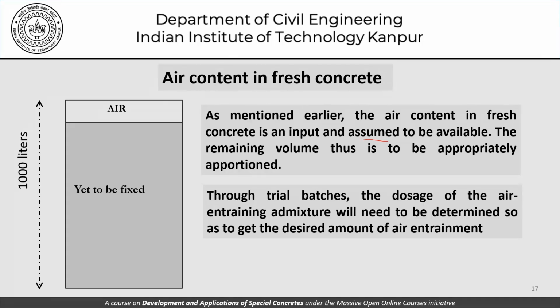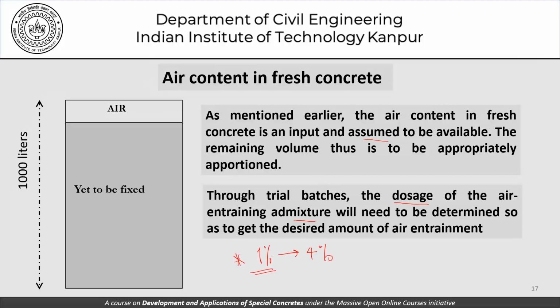Through trial batches, in case of air entrained concrete, the dosage of the air entraining admixture will need to be determined so as to get the desired amount of air. The manufacturer of the air entraining admixture can tell you that, okay, if you add 1% of this admixture, you will get 4% air. So you really need to carry out an exercise where trial batches are done with 1% admixture and trying to find out whether this 4% becomes 4.5, 3.5, 5 and so on.